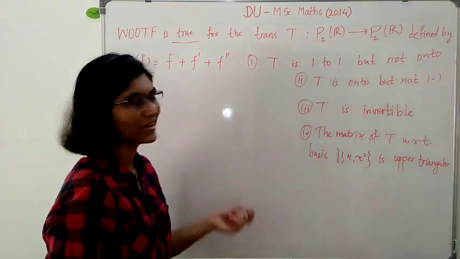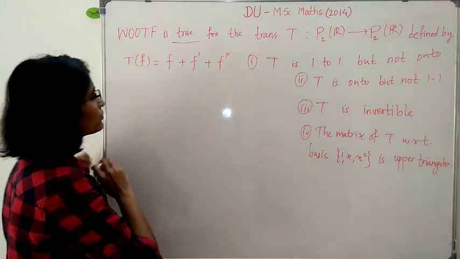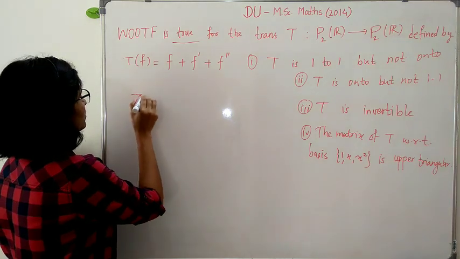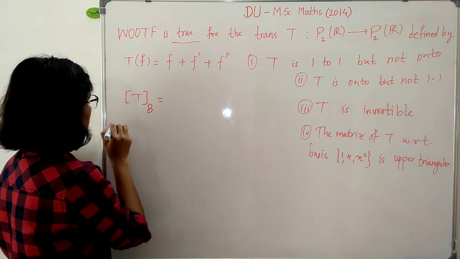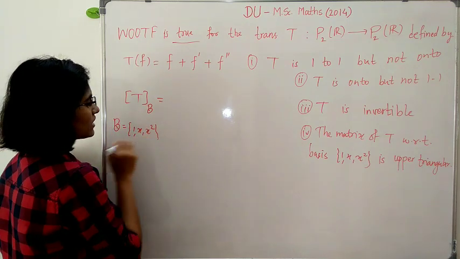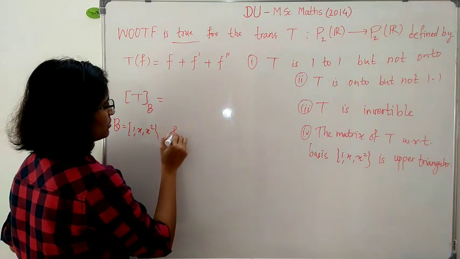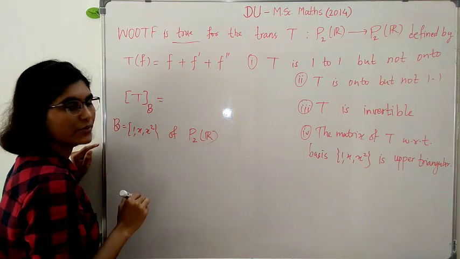So let us first find out the matrix of T, then everything will be clear. To find out the matrix of T with respect to a basis, fix this basis 1, x, x square. This is a standard basis for the space P2(R).